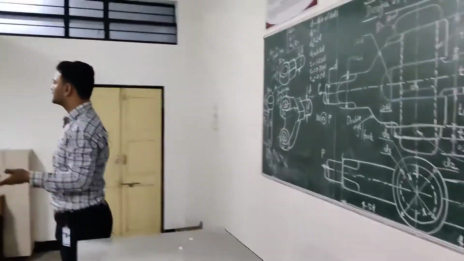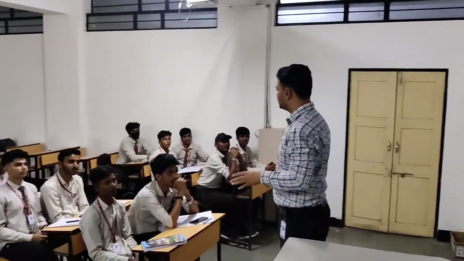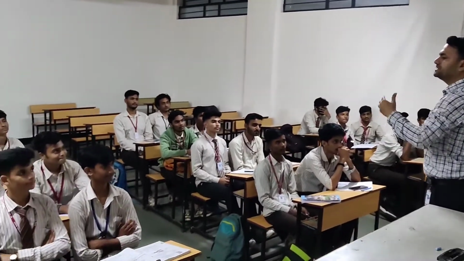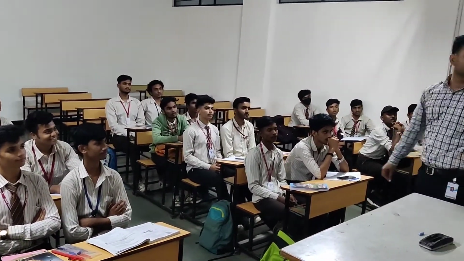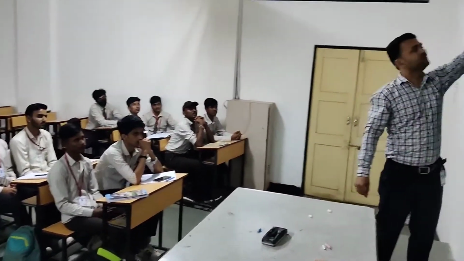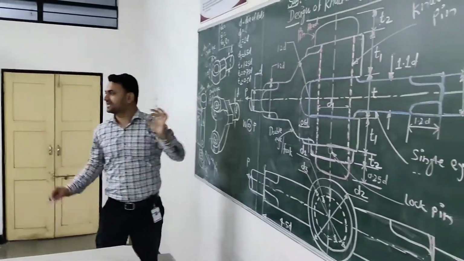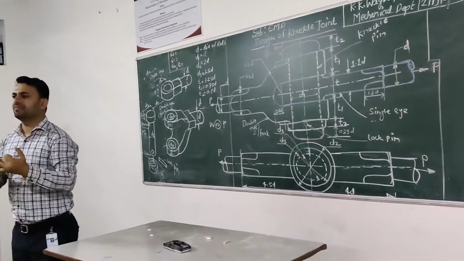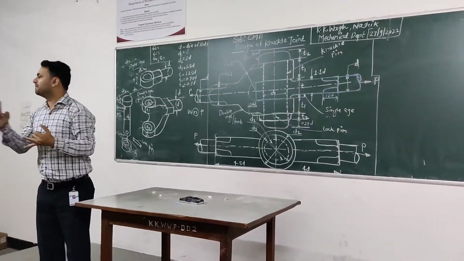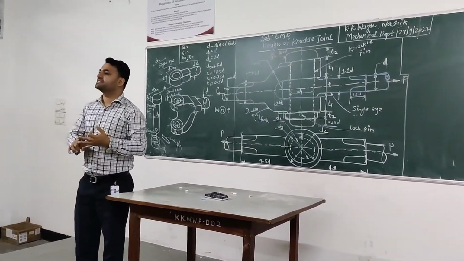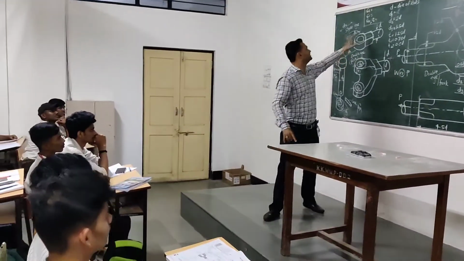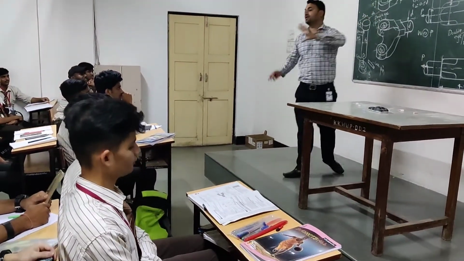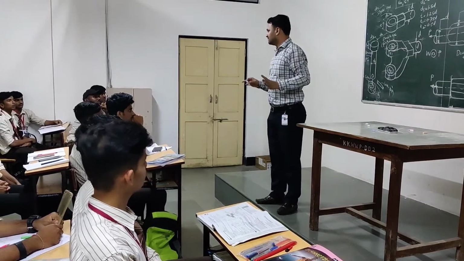In some textbooks there is W, in some there is P, but W and P both mean load. Then sigma T is the tensile stress, sigma C is the compression stress, sigma B is the bending stress, and tau is the shear stress.